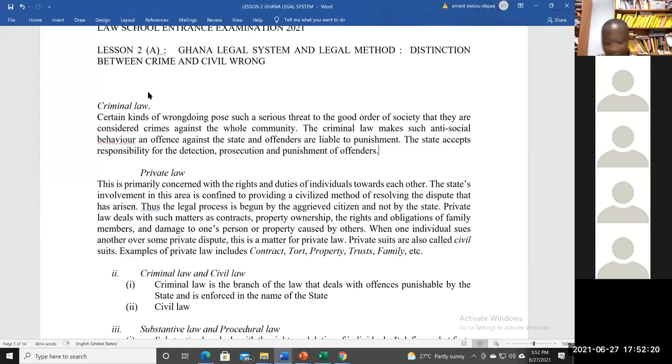Of course, it's also possible for it to govern relationships between the state and the citizen. You know from the Constitution that it's possible for the state to enter into contracts and things like that. And the state can sue for contractual liability and also for tortious liability.